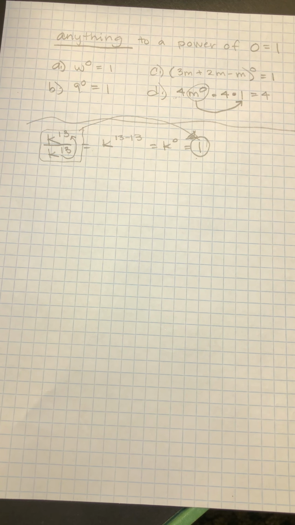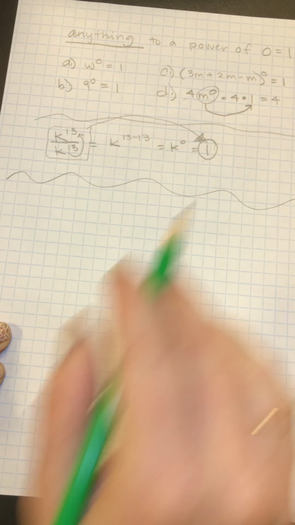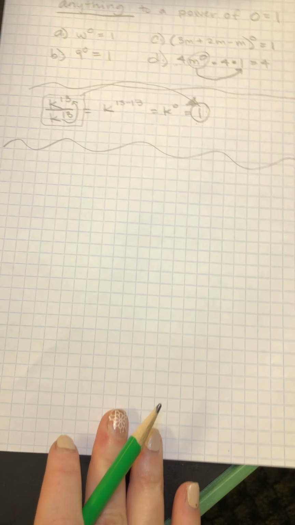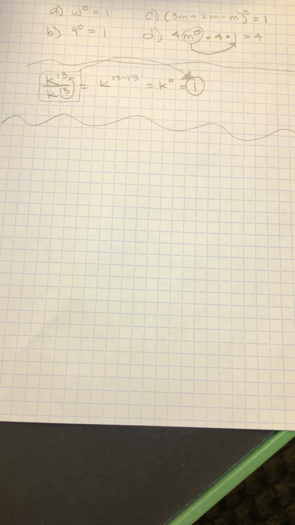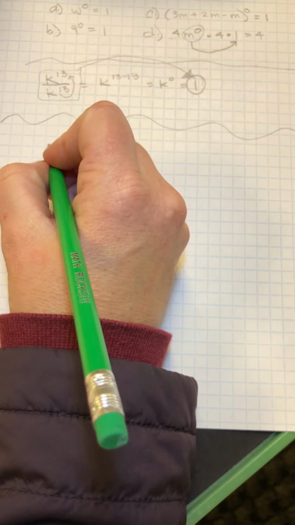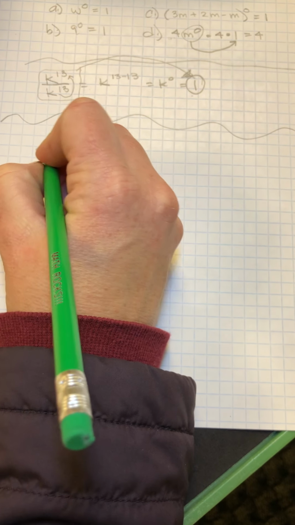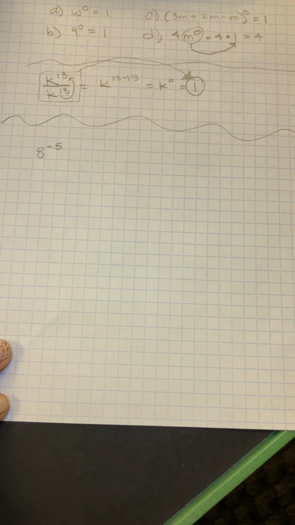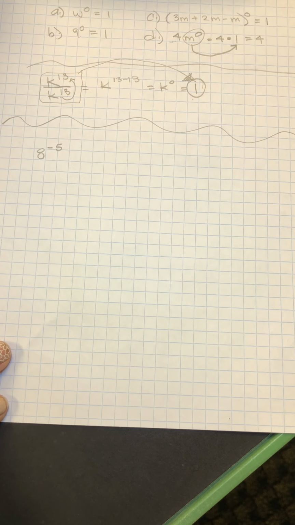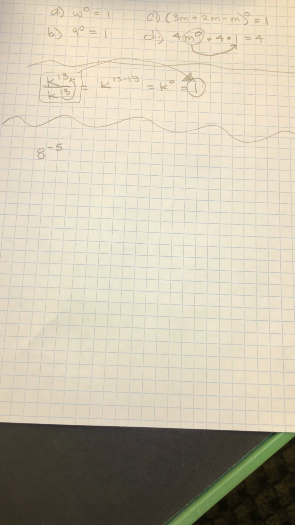Okay? We've dealt a little bit with negative numbers. So we're going to do some examples of those. If you have 8 to a negative 5 power, it's not so much that the number is negative, the power is negative, right?